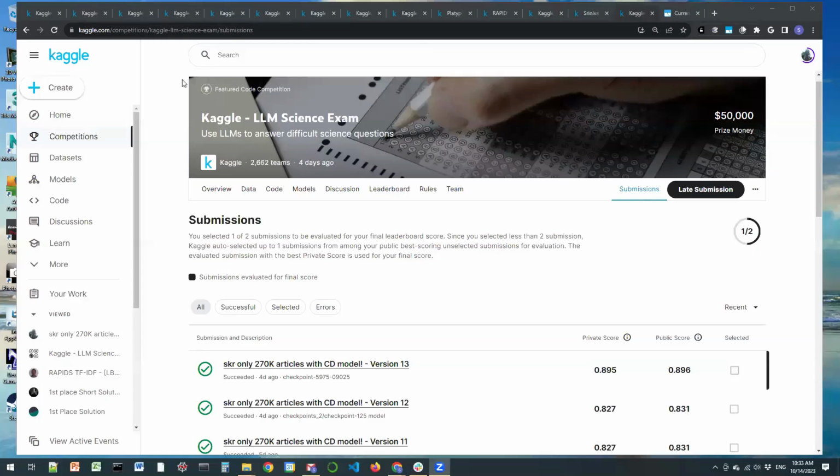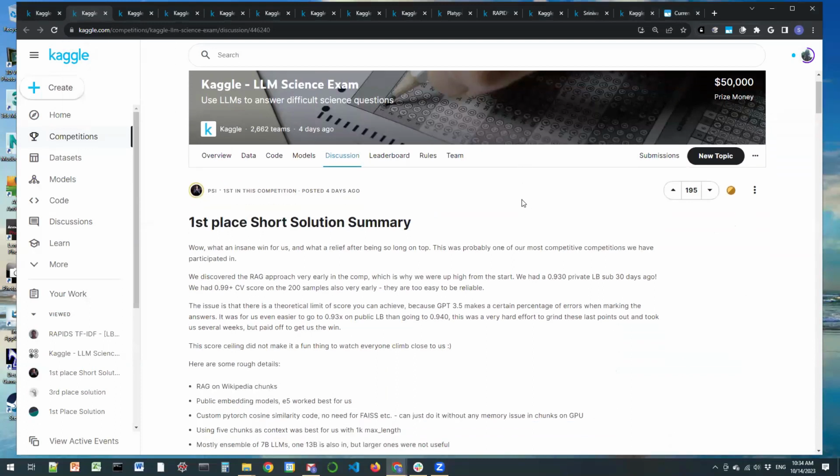Cool. I don't know whether anybody had a chance yet to look at any of the other postings. I bookmarked some of them, and I could look at a couple of them if people are interested. I started looking at the explanation of the winning solution, just the first one.